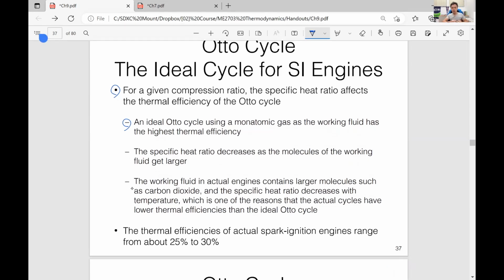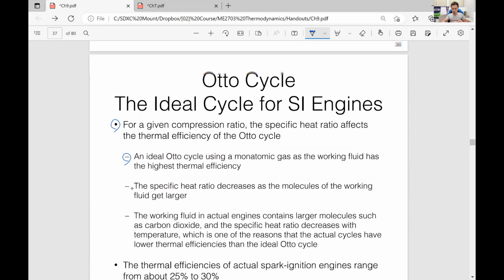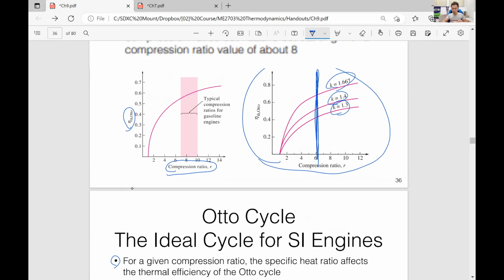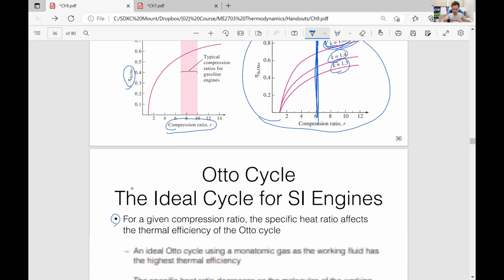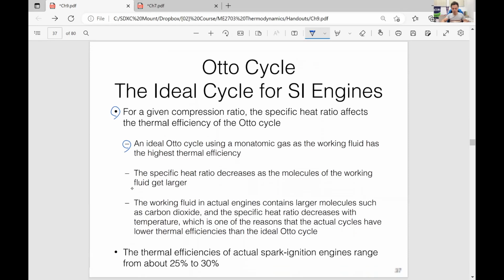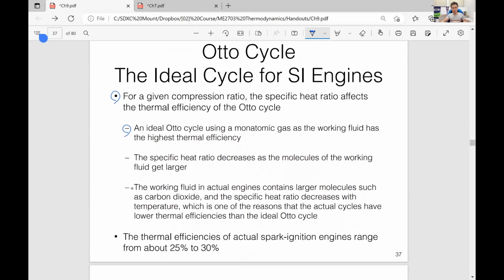Now look at this. An ideal Otto cycle using a single atom gas as a working fluid has the highest thermal efficiency. For most single atom gases, the specific heat ratio is a constant at 1.667, right? So this is the maximum, the best we can go using a single atom gas. However, where can you find a single atom gas as the fuel?